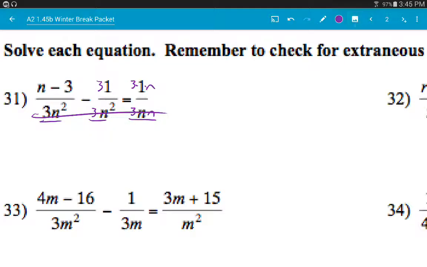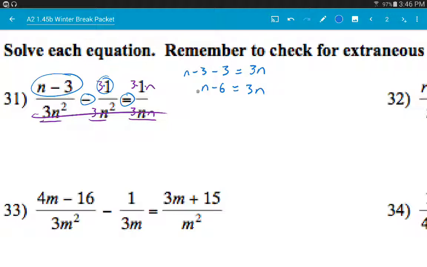So let's see what the numerator is here. I've got n minus 3, minus 3 times 1, which is just 3, is equal to 3 times 1 times n, so that's 3n. Now we combine some like terms. This is n minus 6 equals 3n.